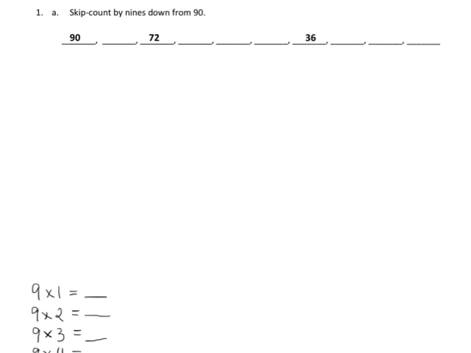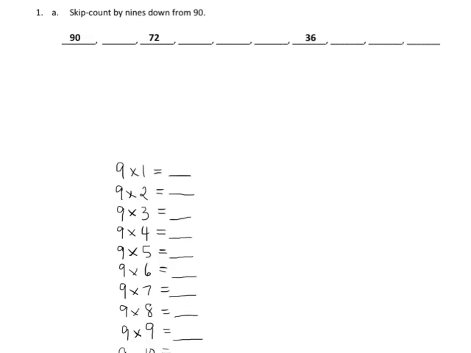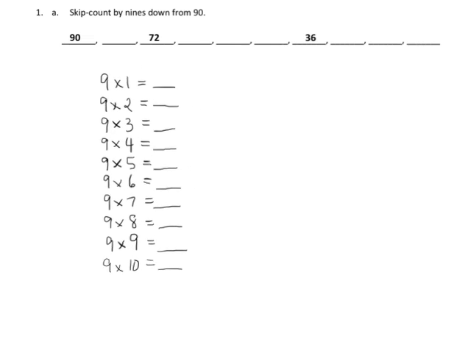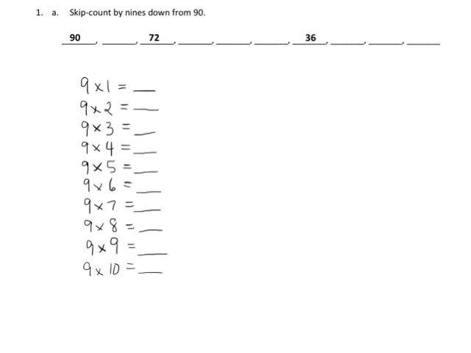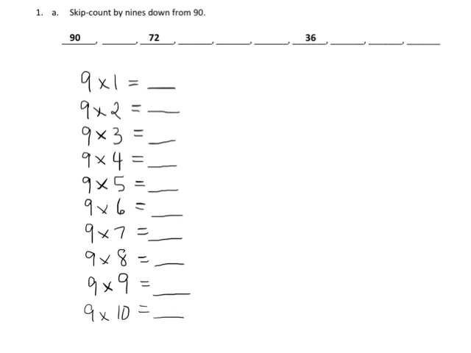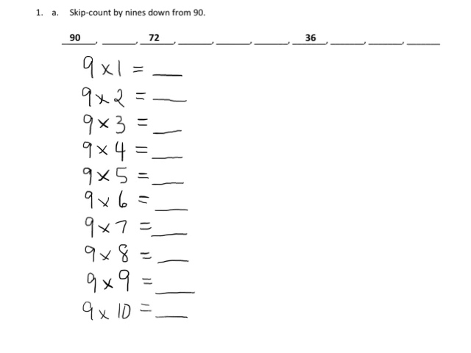So the directions say skip count by 9s down from 90, okay? Now, before I go doing that, let's take a look at our 9 times tables. And we're going to skip count up. Actually, I'm going to make this a little bit bigger, and I'm going to just fill in the answers first, all right?